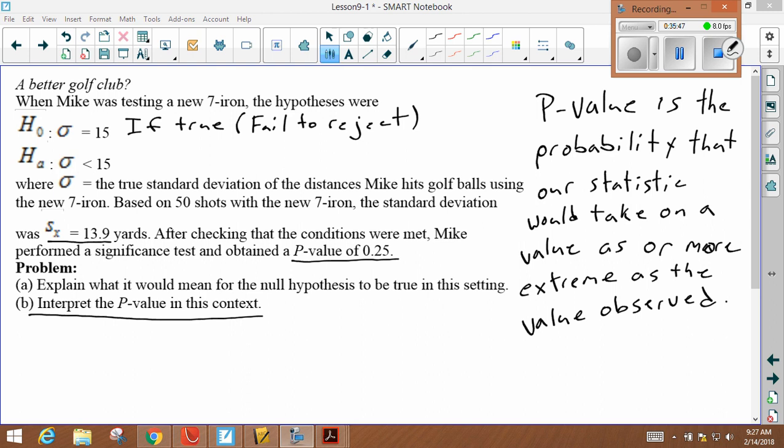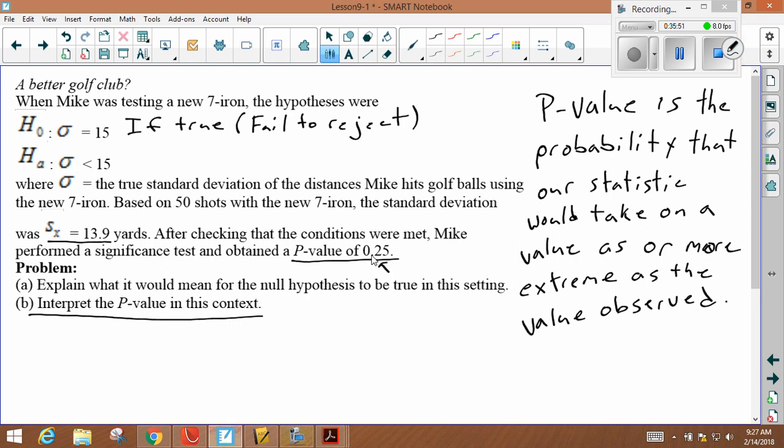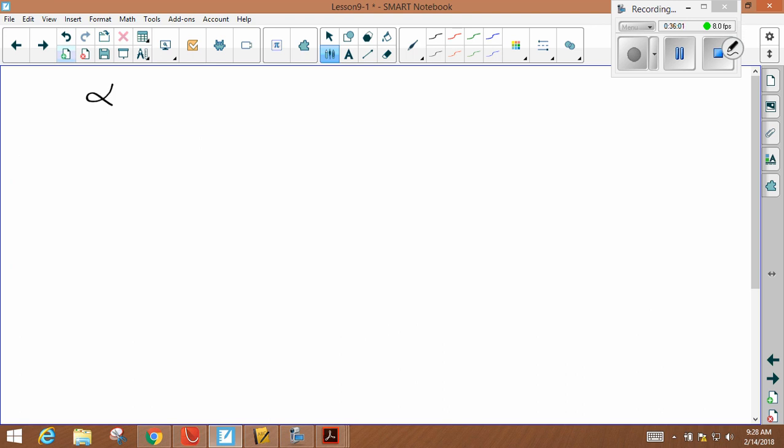I mean, we said 0.25 is probably not low enough. So what's low enough? What's a low enough probability? And we call that our alpha level. I'm writing in cursive. The alpha level.